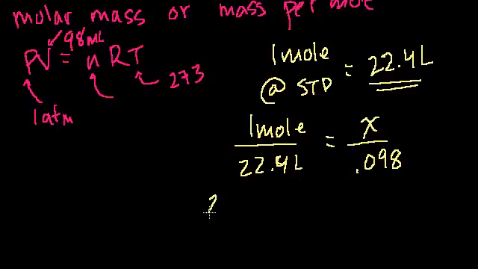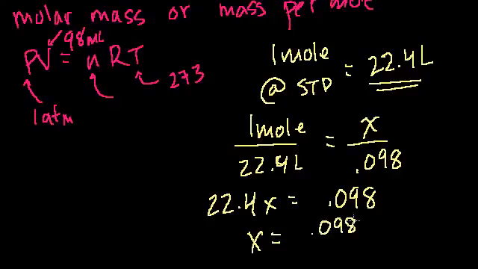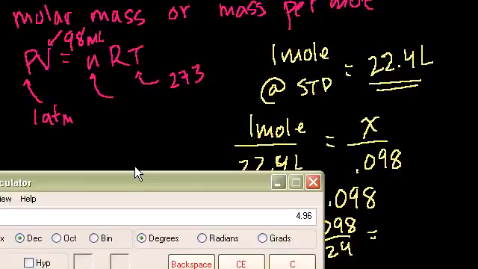So we could say 22.4x is equal to 0.098, and then we take our calculator, and then we have x is equal to 0.098 divided by 22.4. And this, of course, is in moles, right?